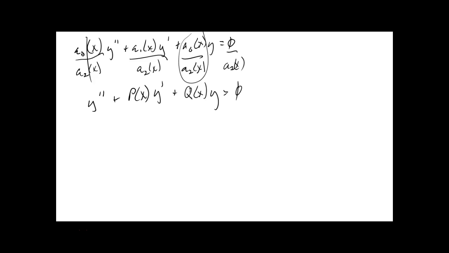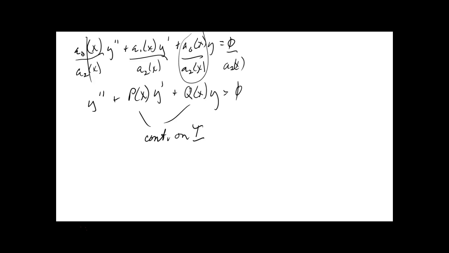Now, here's the assumption here. P and Q are continuous on some interval I. Now, understand you just divided by A2 of x. Now, if A2 of x, say, was factorable, doesn't have to be, but what if it was, and you set each of those factors aside, these may not be continuous everywhere, because everywhere you have a factor, you tend to have, or you at least can have, a discontinuity, okay?